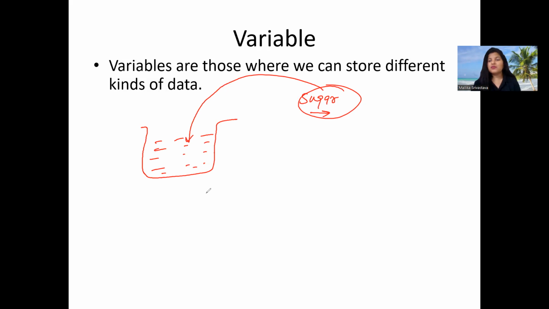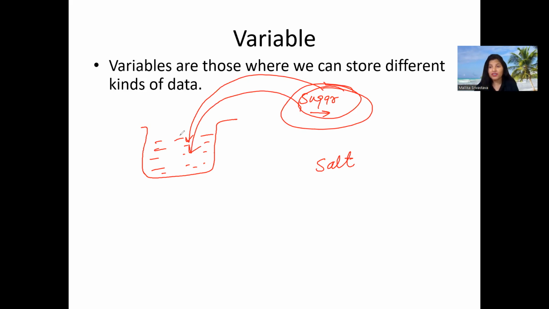So this jar is nothing but a variable. A variable is a place where we can store different types of data or objects. Here, sugar is the object which you want to store in this container, which is called a variable. Now suppose you have salt, and I want to store salt in this container, and I have only one container.